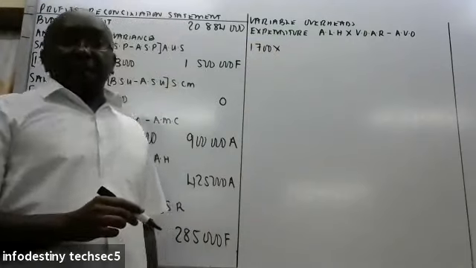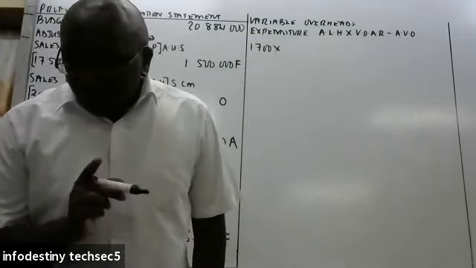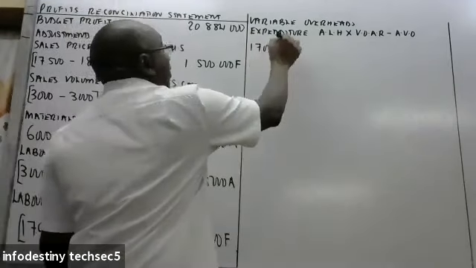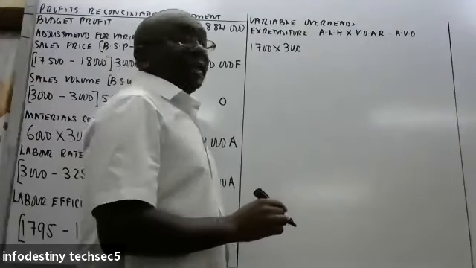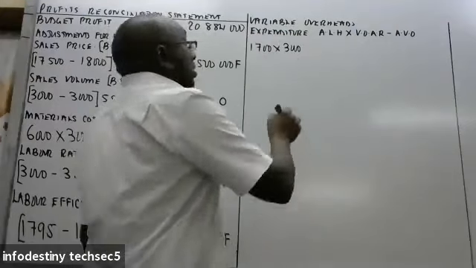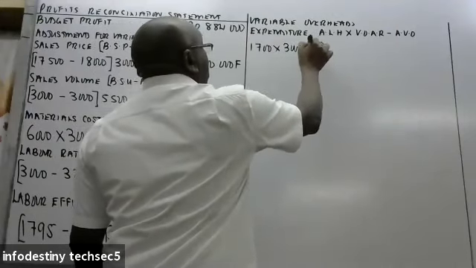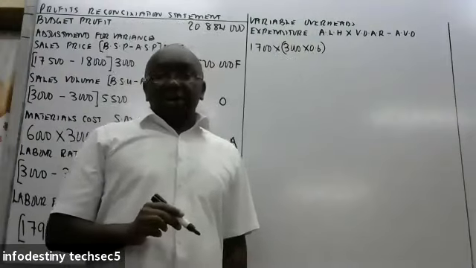VOAR will be 1 hour, and 1 hour is paid for 300. And the overheads are 60%, so you multiply by 0.6. So that is our VOAR, 1,800.